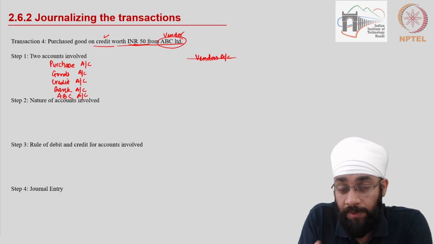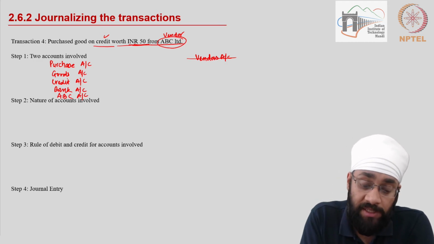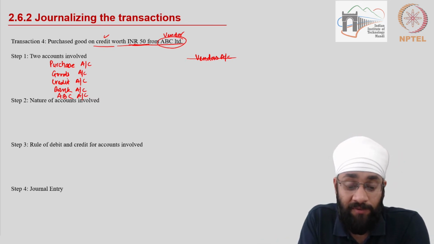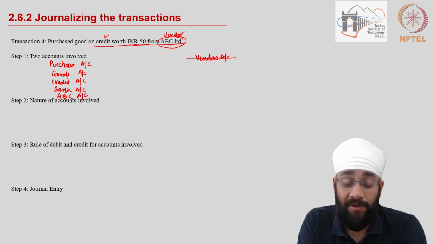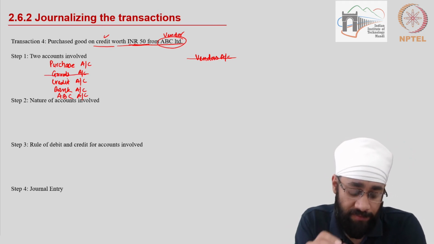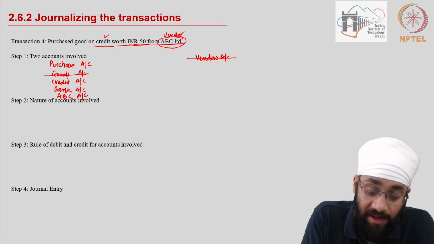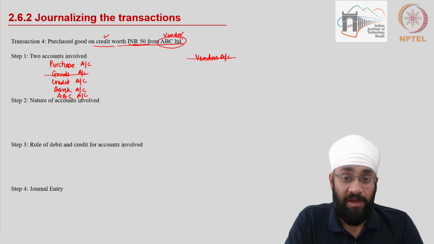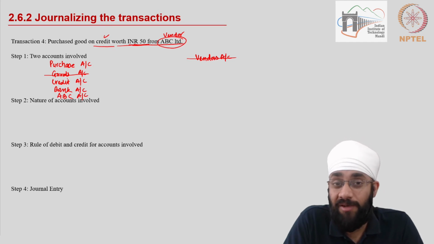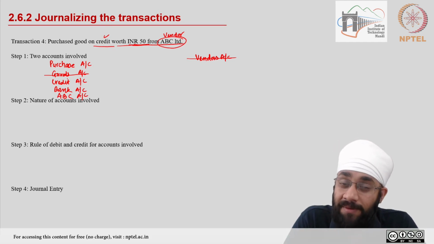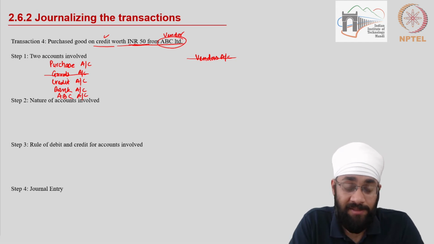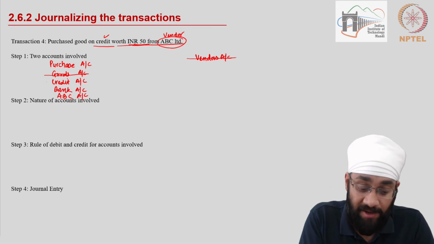We discussed in the previous transaction that purchase account is reserved for the purchase of goods. So when you say purchase account, it is goods account. So you don't need to maintain a goods account separately. So we strike it off. Then there is credit account. Now, we've never discussed a credit account. We've not seen a credit account in the balance sheet or income statement of Reliance Industries Limited either. So there is nothing named as credit account.